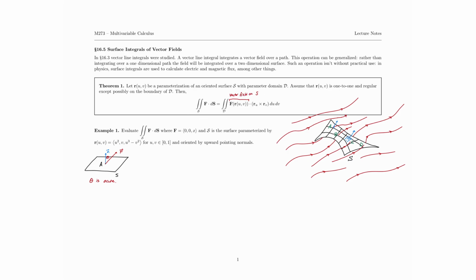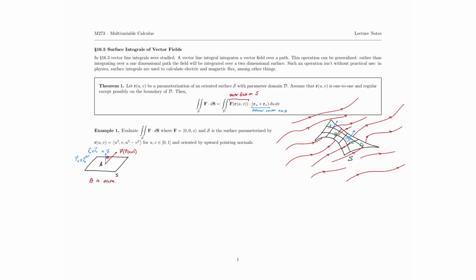So let's write that. This is the vector field on the surface S. And what's this? This is the normal vector to S. So at a point A, more specifically, this is f of r of uv. And then this n here is going to be rv cross ru.